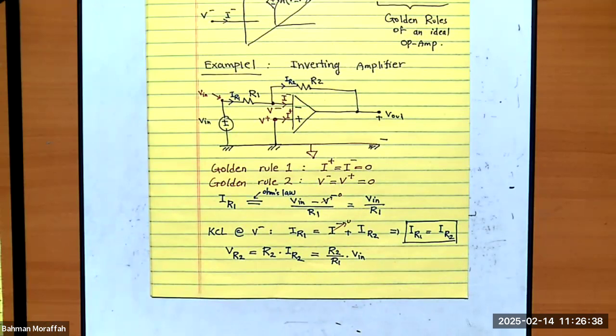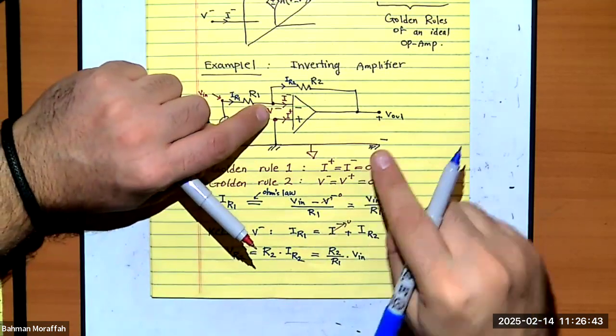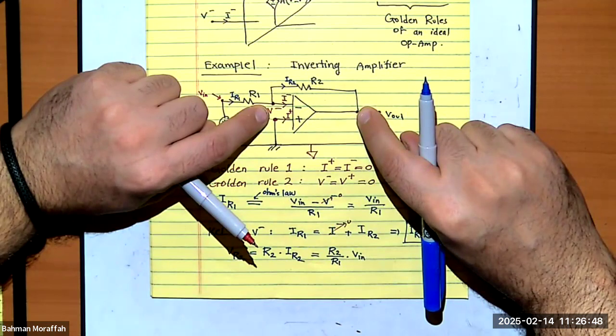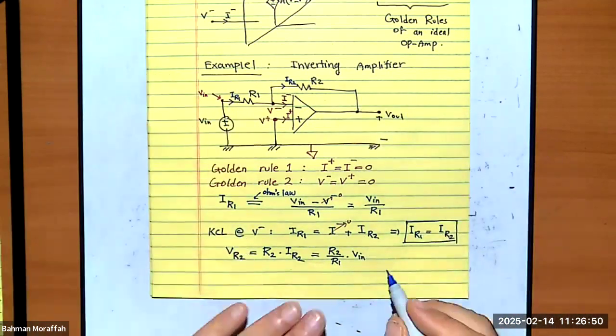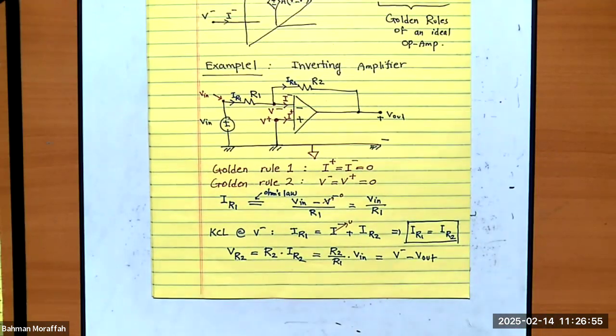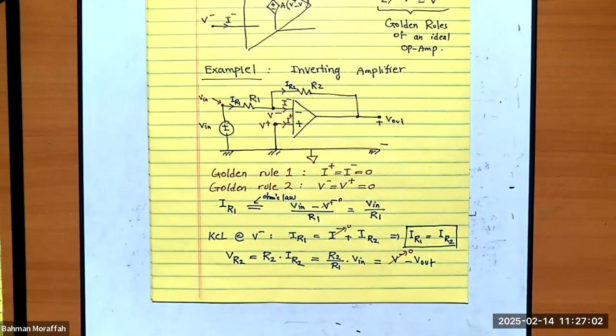But look, V across R2 is also V negative minus V out, right? That's voltage across it. Again, golden rule of op-amp tells me this V negative must be 0. What do I have then? I have R2 divided by R1 times V in equals negative V out.